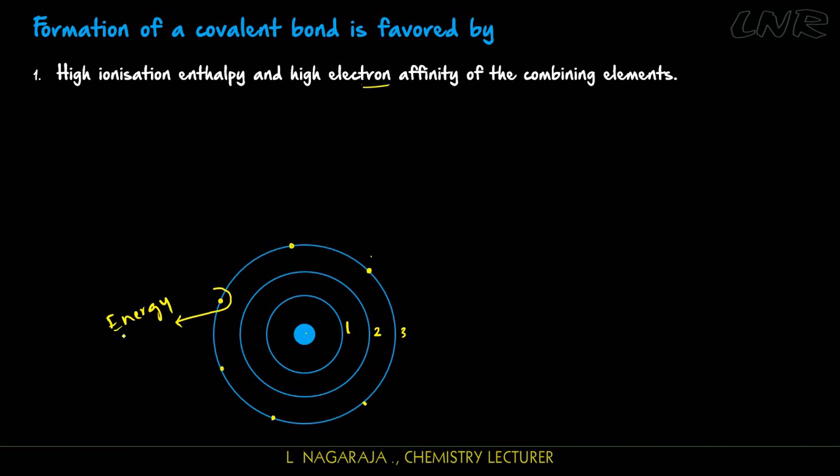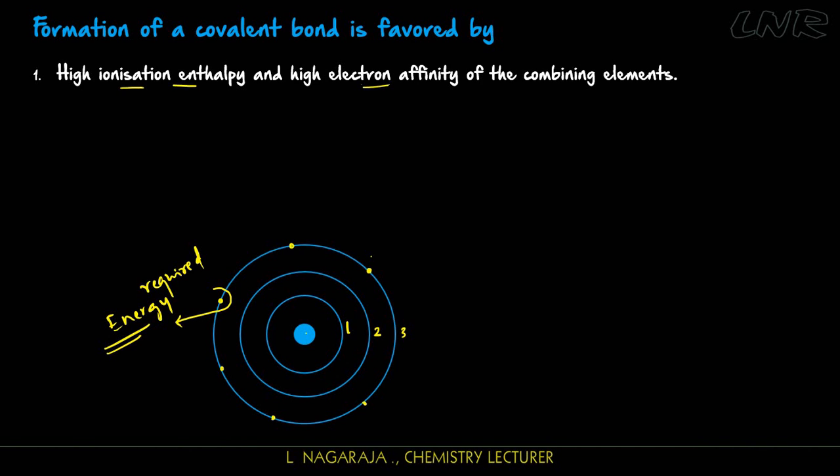The amount of energy required to remove an electron from the valence shell of a neutral atom is generally called ionization energy, right? So in order to form the covalent bond, the combining atoms must have very high ionization enthalpy.